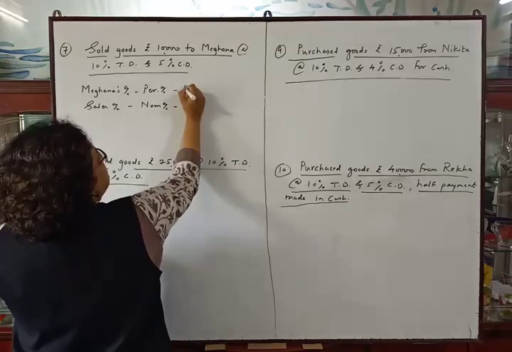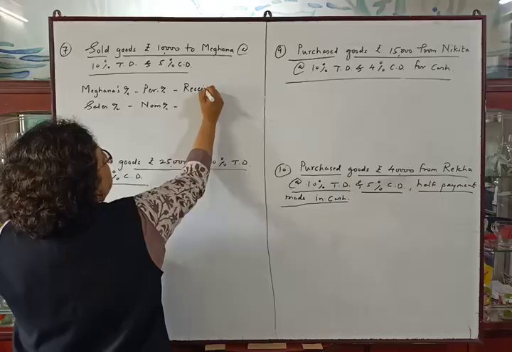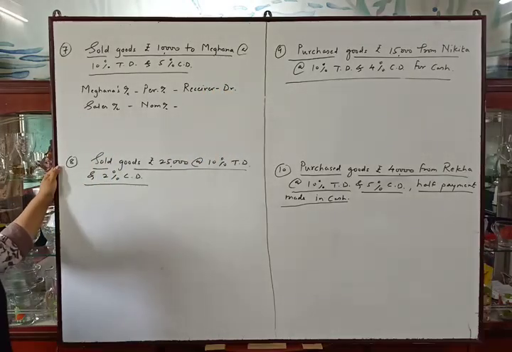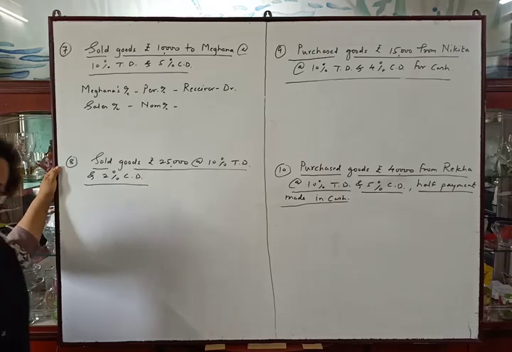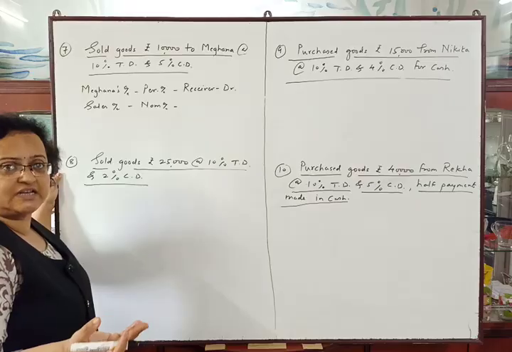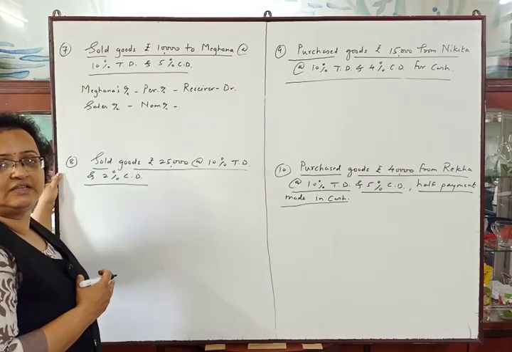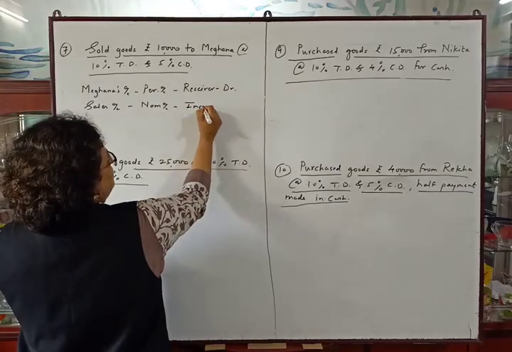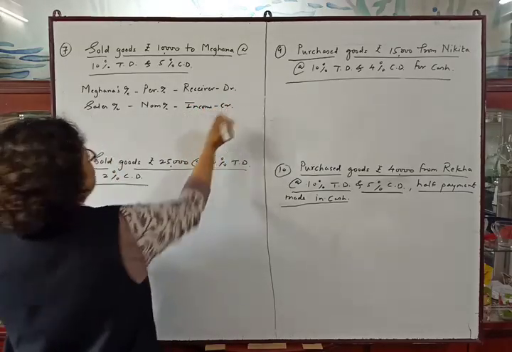So Meghana is the receiver and rule says that debit the receiver. Sales account is a nominal account. Rule of nominal account. Debit all expenses and losses, credit all incomes and gains. Sales is our income, so we will credit sales account.